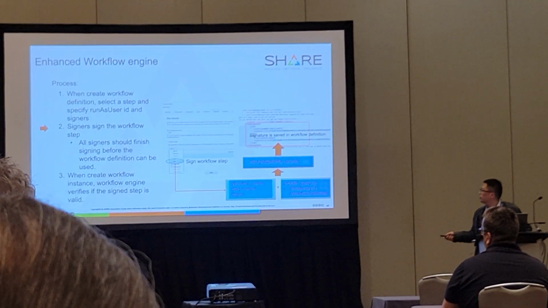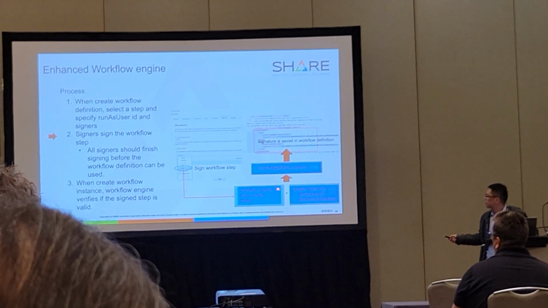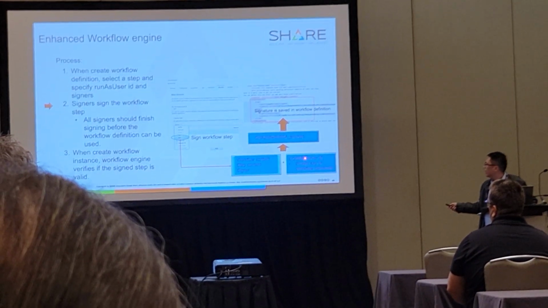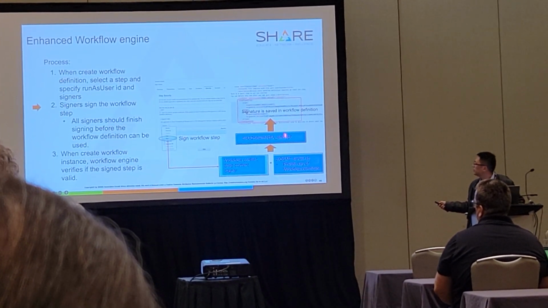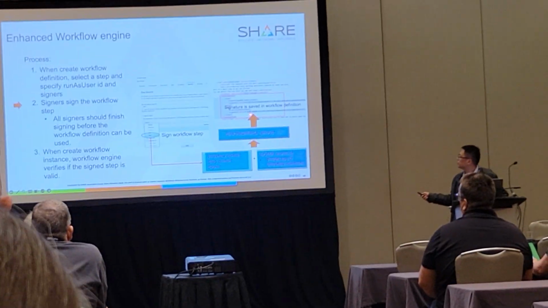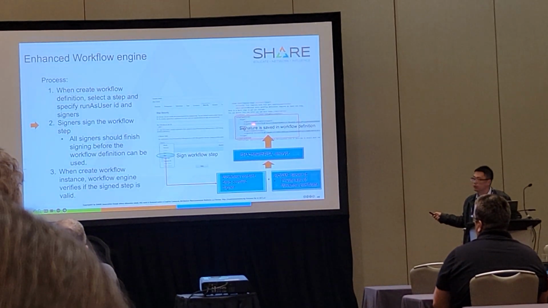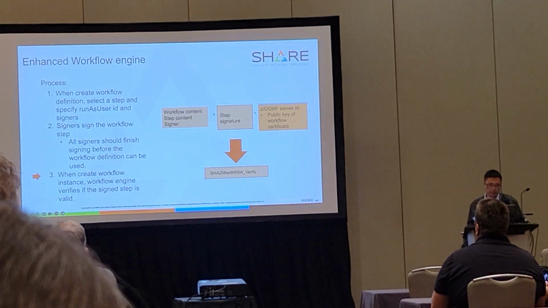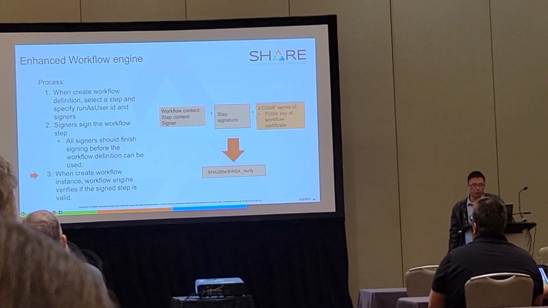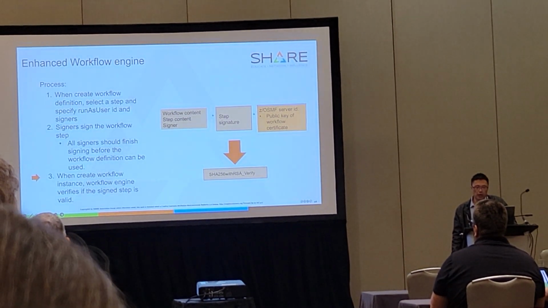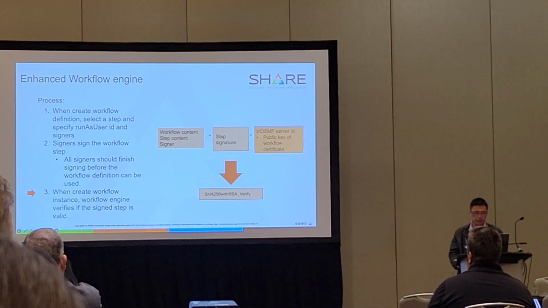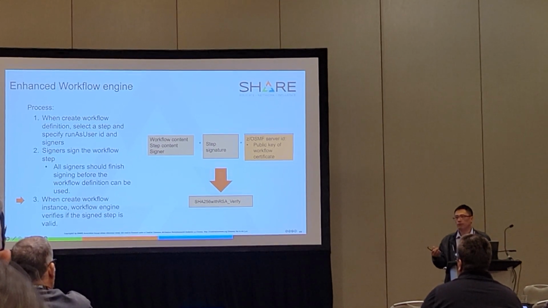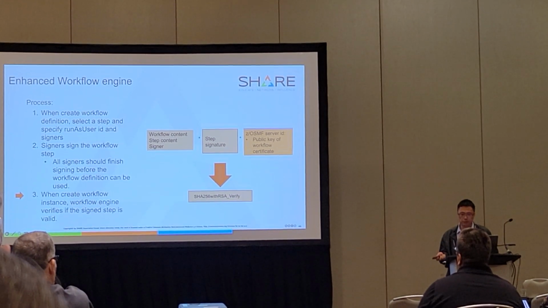Basically, we take the workflow content and the certificate owned by the z/OSMF server ID, and then generate a signature which will be inserted into the workflow definition. And lastly, when you create a workflow instance, we verify if the signed step is valid so that nobody can modify a step that has already been approved.